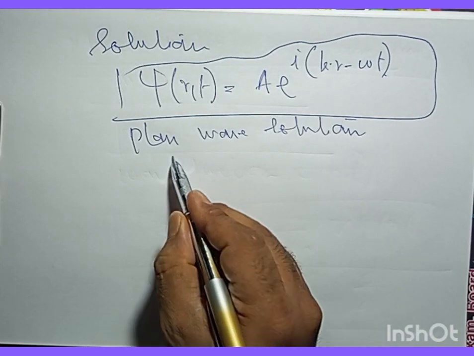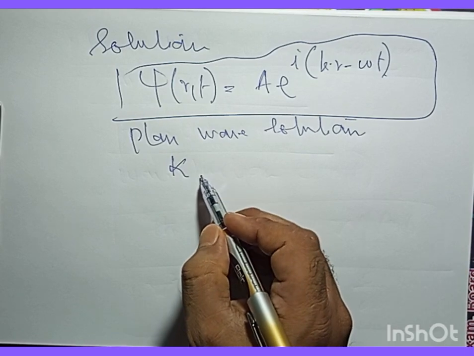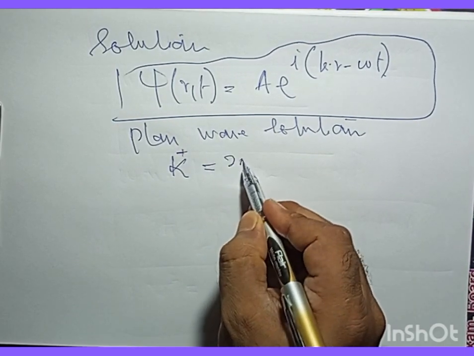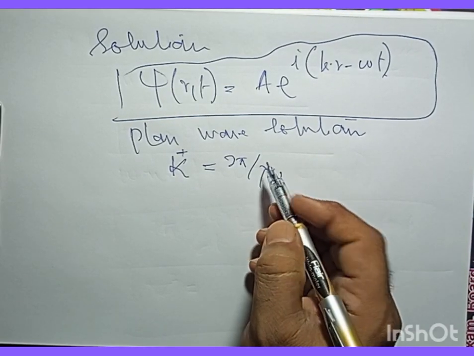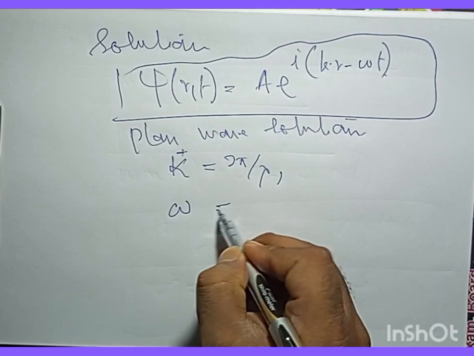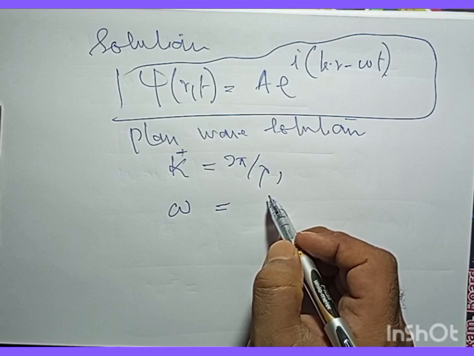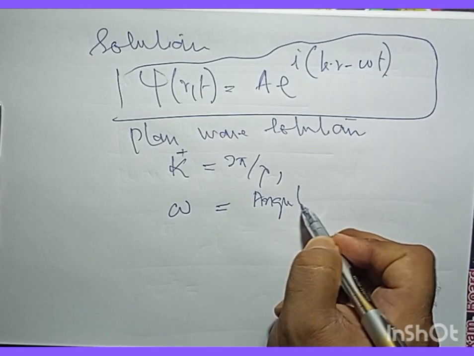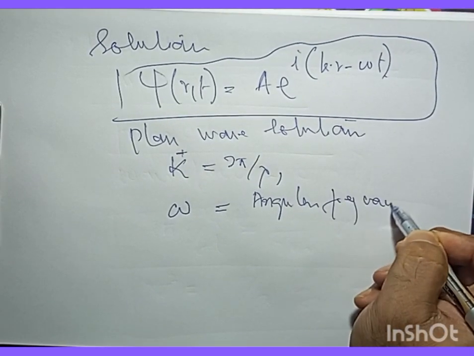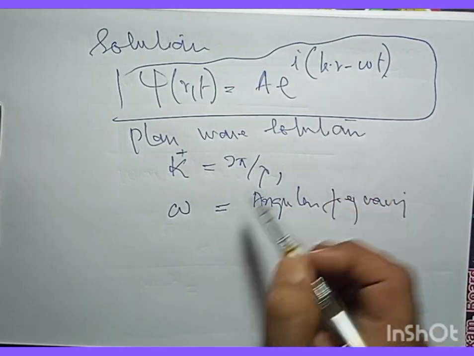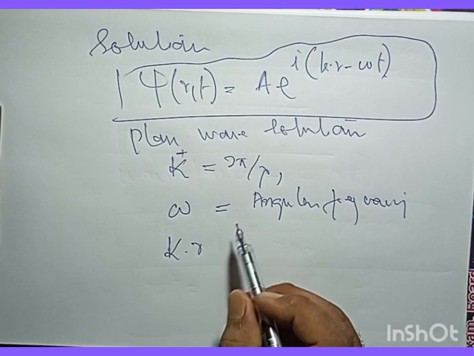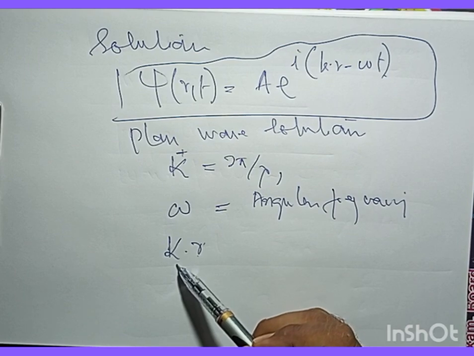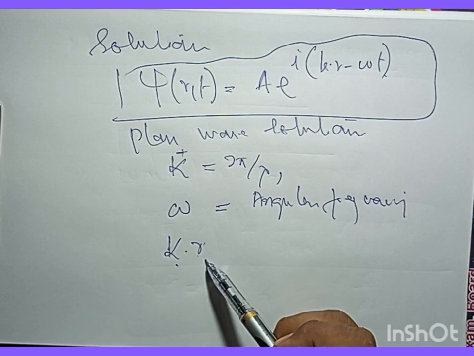And this k is called a propagation vector, or also the wave vector, and k is equal to 2 pi by lambda. And then we have omega, which is the angular frequency of the particle. And then we have k dot r, which is basically the dot product of the wave vector k and the position vector.